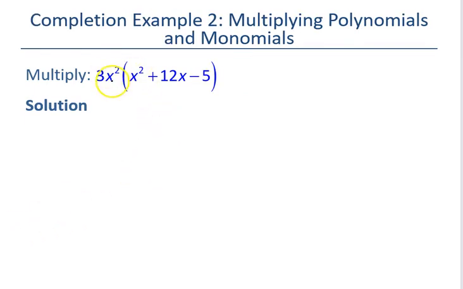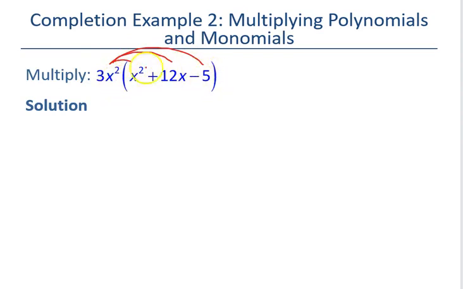We've got negative 3x squared multiplied to x squared plus 12x minus 5. Let's take this negative 3x squared and do the same thing again. We're going to multiply everything in the parenthesis by the negative 3x squared.